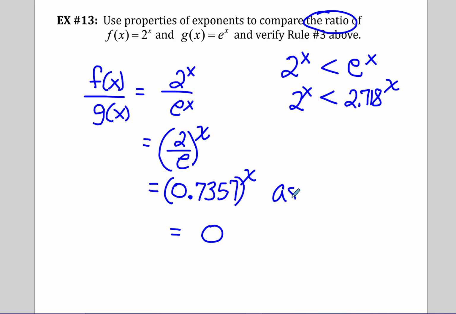So as x gets bigger, the ratio is approaching 0. And that's the limits or the calculus way of thinking about rule number 3. This was rule number 3.